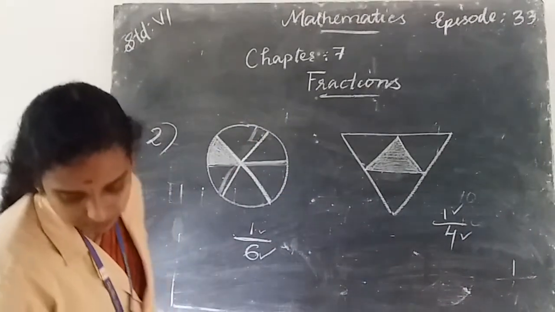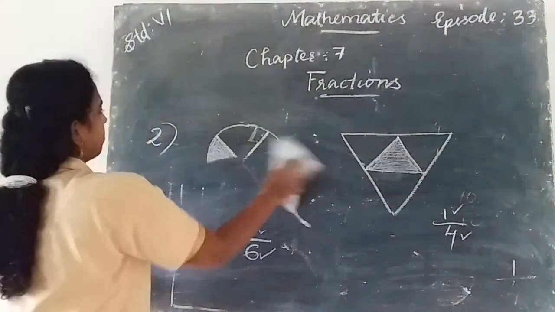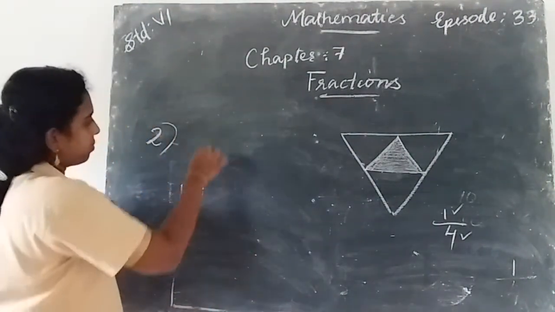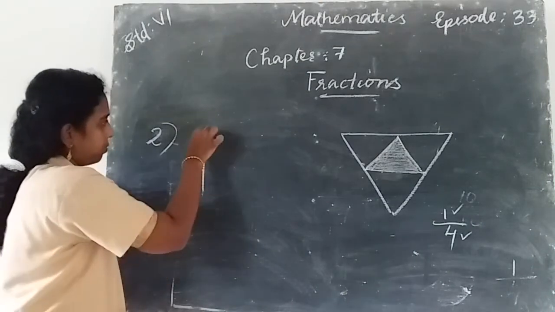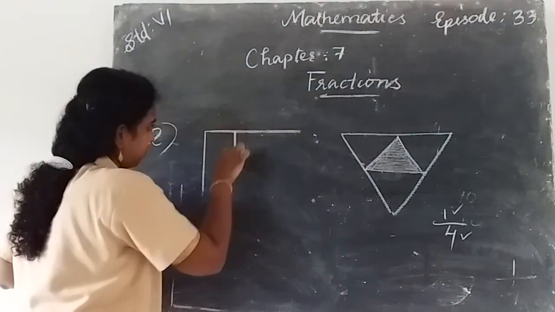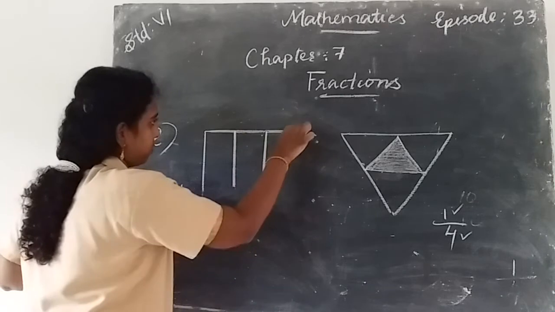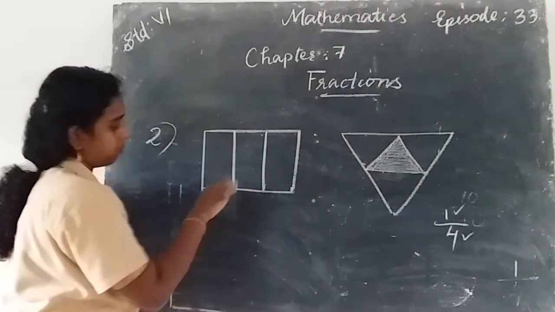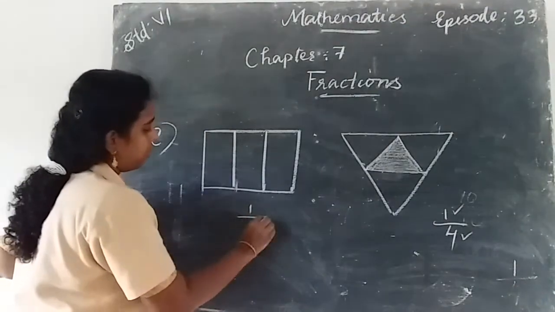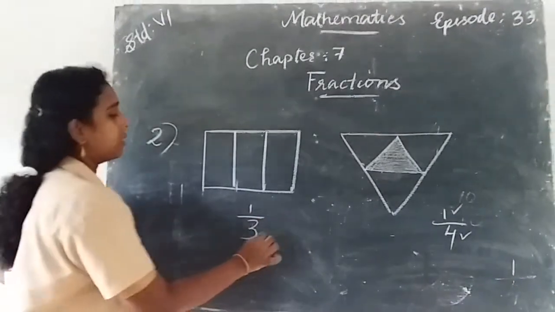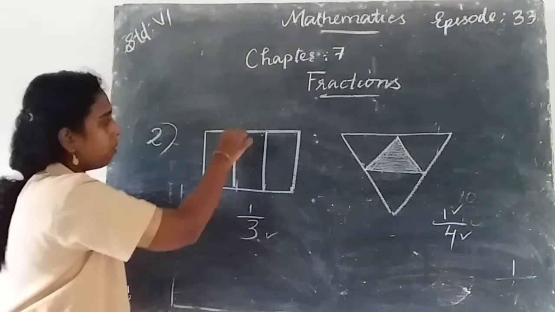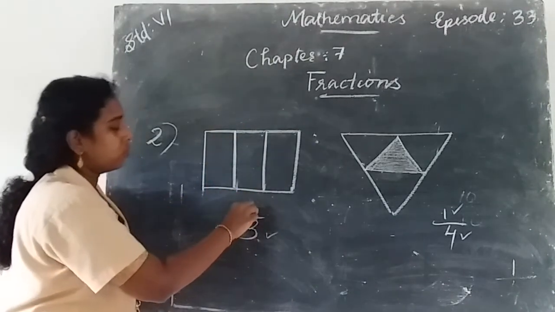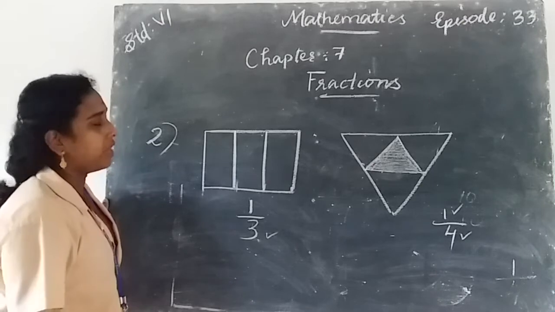And next one is the fraction like this, and the 3 means the whole is equally divided into 3 parts, and we want to shade one part of the whole.